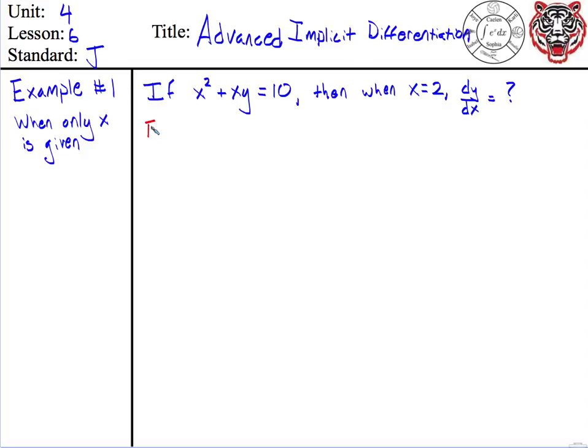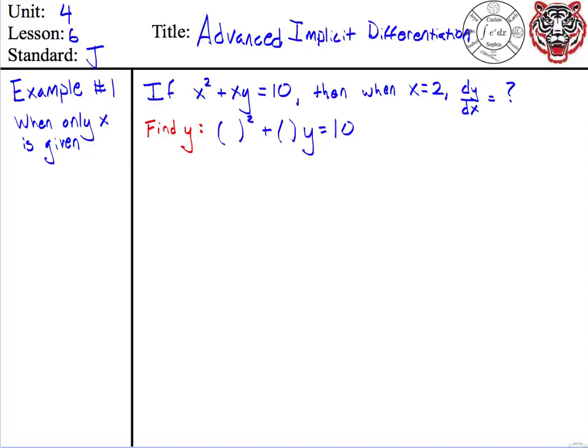So I only have x, let's find y, because we know that we'll need y when we take the implicit differentiation. If x is equal to 2, then I just plug in x equals 2 into x squared plus xy equals 10.